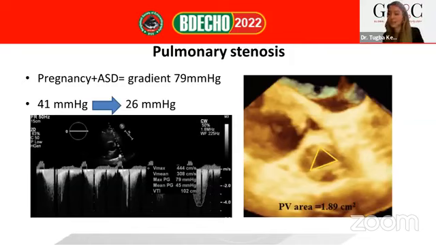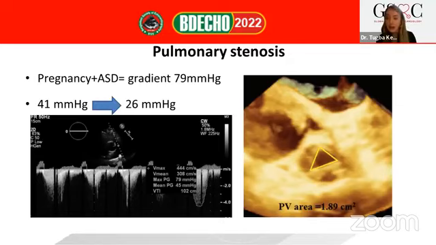I want to highlight this opinion with one very interesting case. This case touched my life because this patient was pregnant, with a large ASD, and referred to us, and I checked the patient. When I checked the gradient from the pulmonary valve, I saw that it was severe. It was correlated with severe pulmonary stenosis, and it was 79 millimeters of mercury.